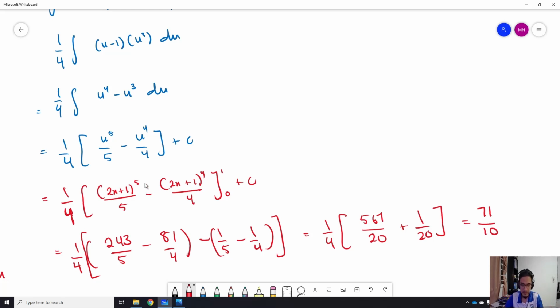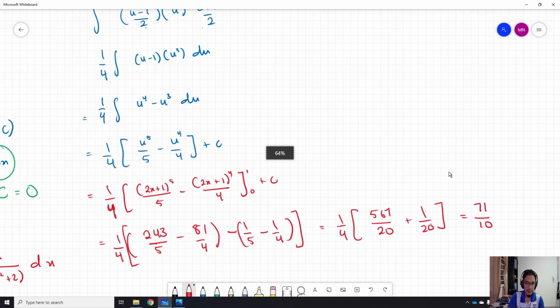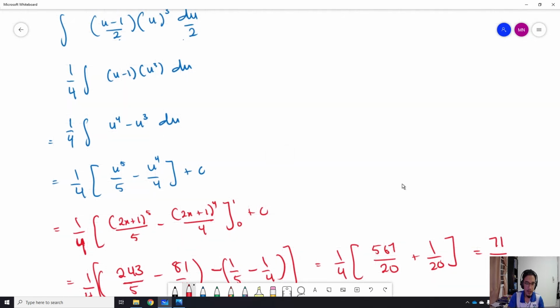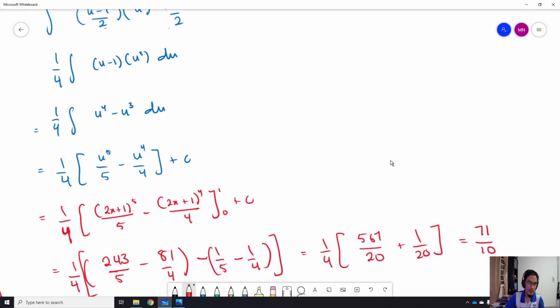Okay, if you already understand this step, I want to show you another alternative method to solve this kind of question. What I want to show you starts from here. I bring this up over here.